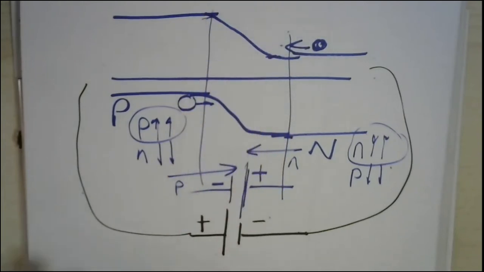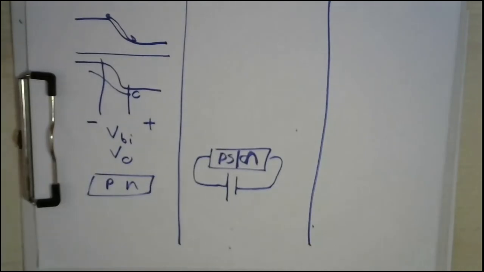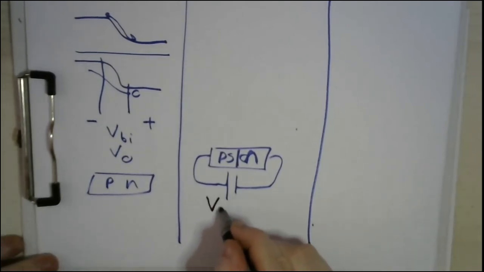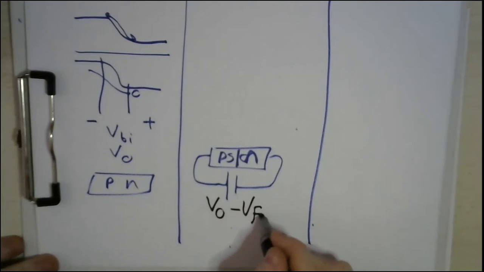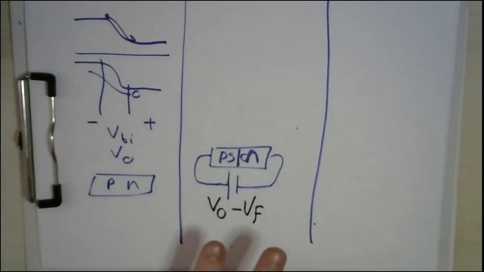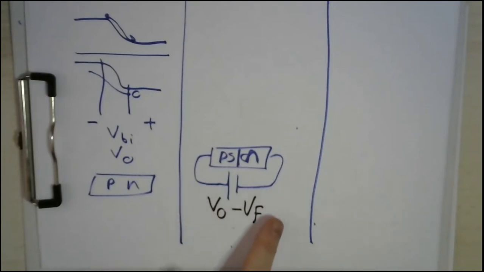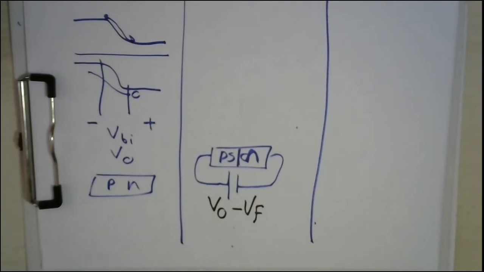So the summation of the potential, in this case, is as follows. The overall voltage applied in the case of a forward bias is V node minus Vf. Of course, this will be negative whenever Vf is greater than V node, or positive if V node is greater than Vf.